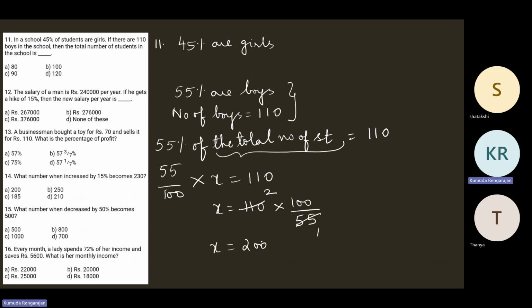We don't have that option, so maybe, have I made any calculation mistake? Number of boys. I am also getting the same answer. Yeah, that's what. So there's some problem with the options.